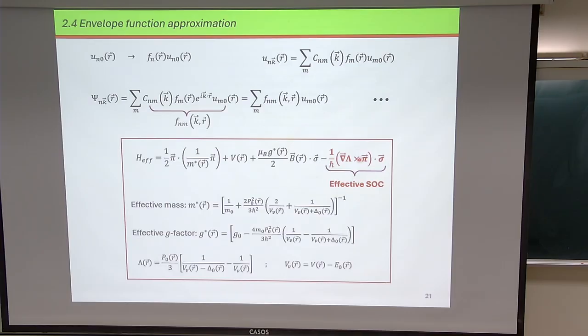So the relation for the effective mass and the G factor are exactly the same as we had before, but now we also have this electrostatic field, which we have to put here, and all the things depend on position, so I explicitly wrote this position dependence. And we get this extra term, which is like an effective spin-orbit coupling, in which you have the gradient of this function, which depends also on the position dependence of these parameters describing the system.